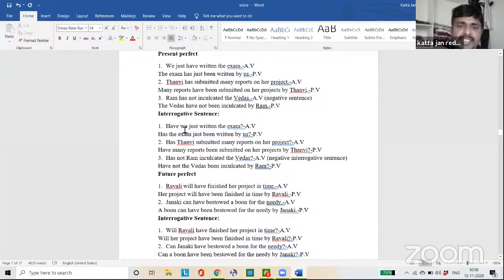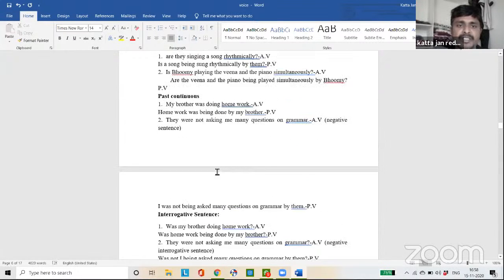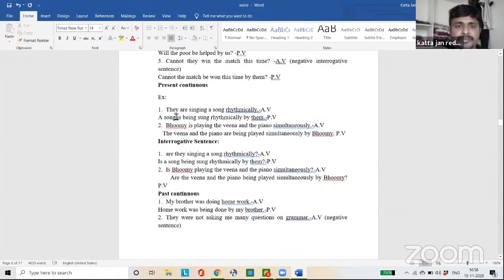Actually, these are very common sentences for every tense I used. See, present continuous we are doing now. They are singing a song rhythmically. This is the active voice. They is the subject, are singing the verb, a song the object, rhythmically the remaining part of the sentence.